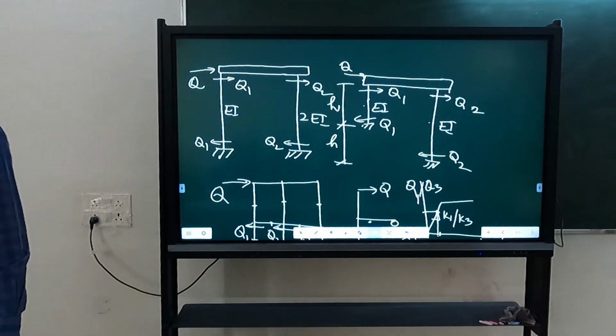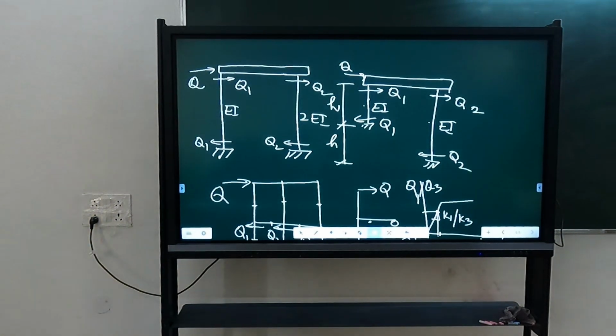You will get the same answer here. So adding them in parallel or distributing the force in proportion to stiffness is same thing. We are doing it differently. Okay, fine. That was your question or something else?